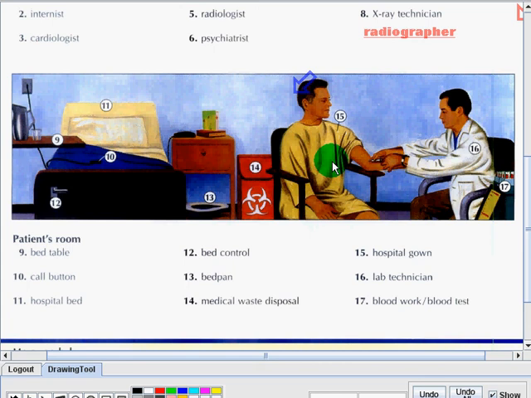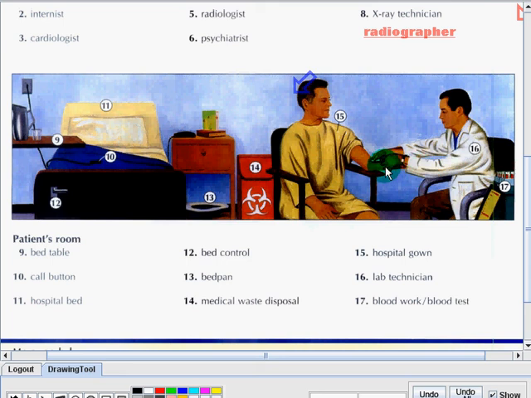And then we have number 16, the lab technician. He is responsible for laboratory-based tasks, which include sampling, testing, measuring, recording, and analyzing results.